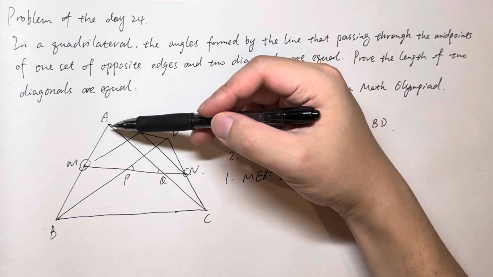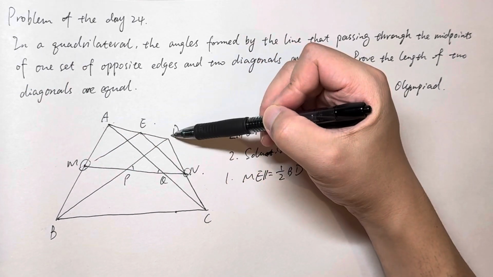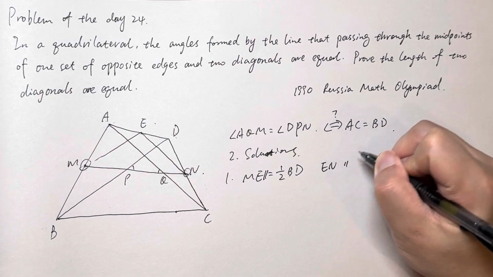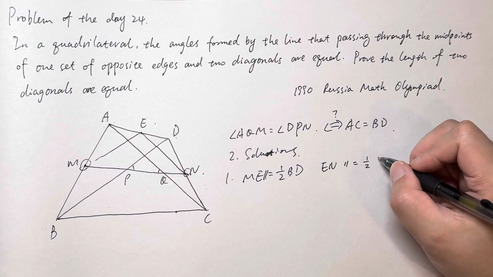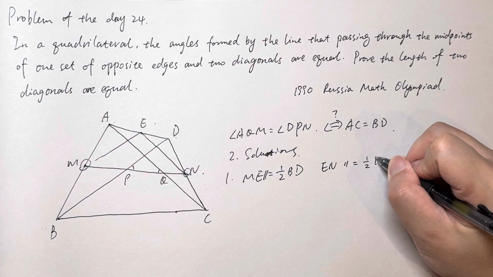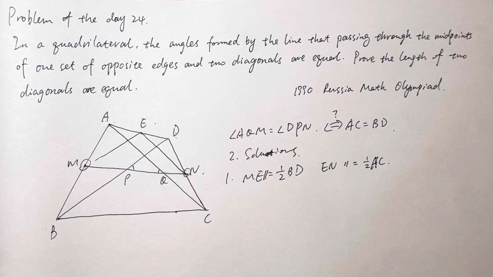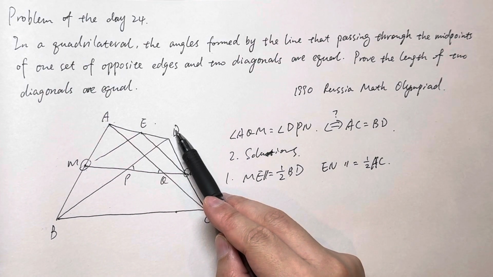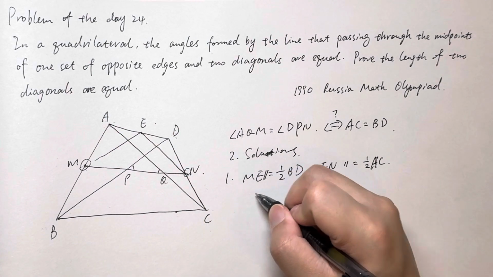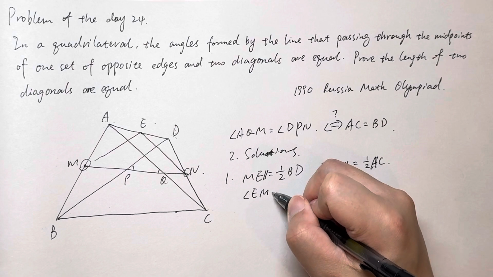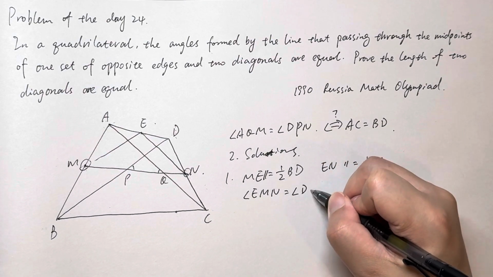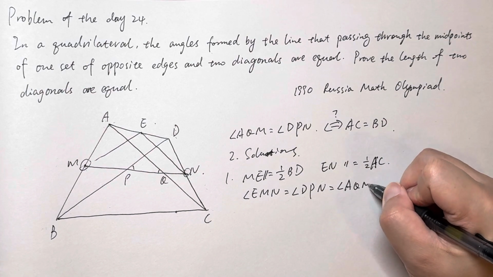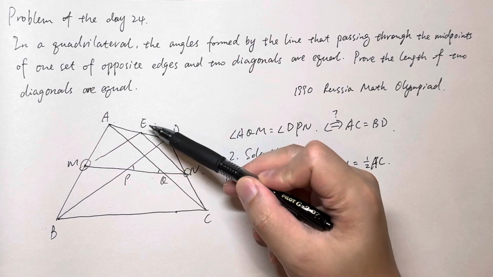And similarly, in the triangle ADC, E is the midpoint of AD, N is the midpoint of DC. So EN is parallel to and equals half of AC, right? And because ME is parallel with BD, that means angle EMN equals angle DPN, which equals angle AQM, which equals this angle, right?